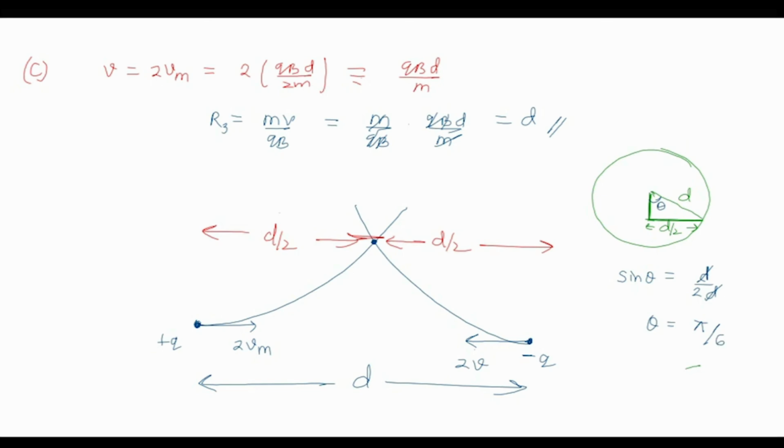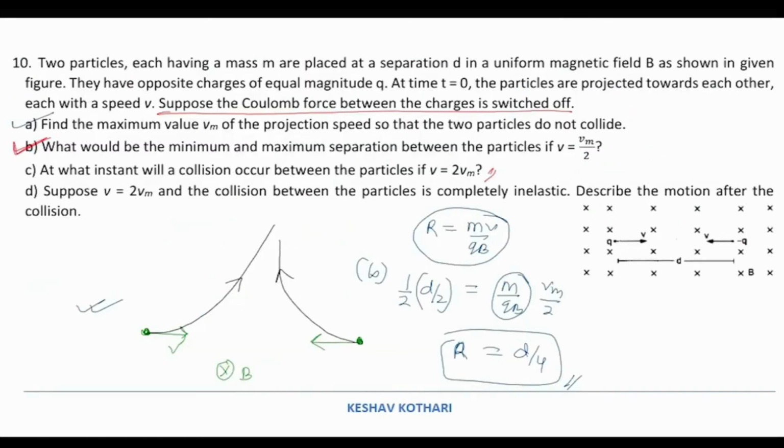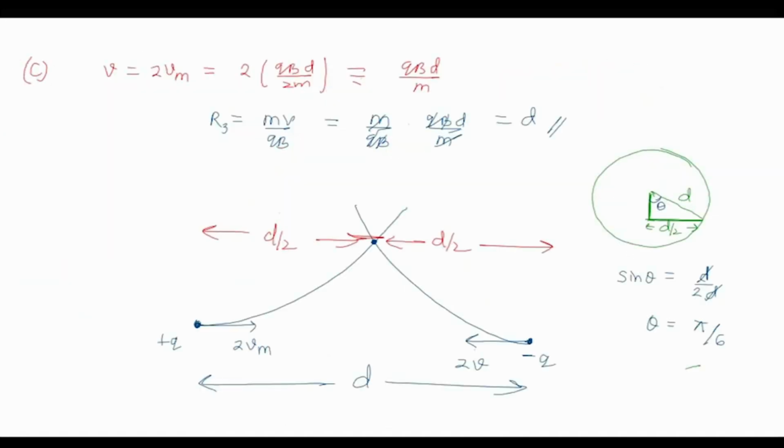So the question is asking us to calculate the time taken for the collision to take place. Let us come back to the question. The question is at what instant will the collision occur? Since we know that the total time of the circular path is 2 pi m by qb, for moving 2 pi, the time taken is 2 pi m by qb.